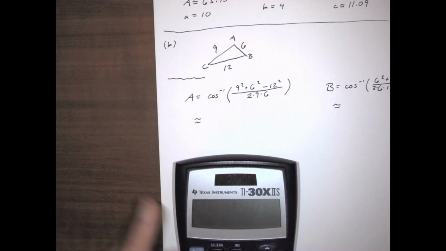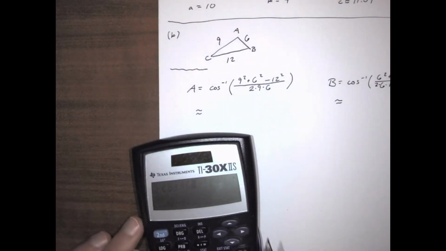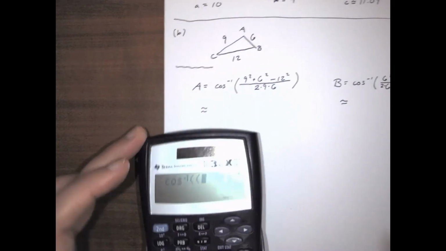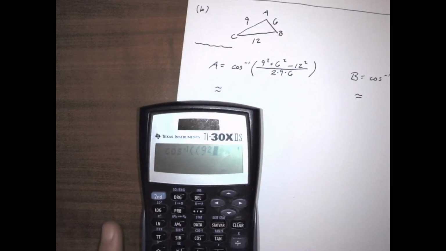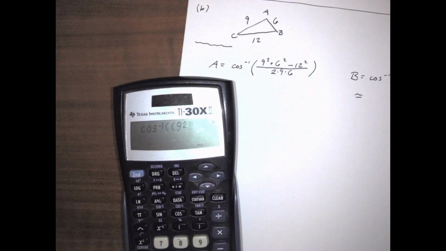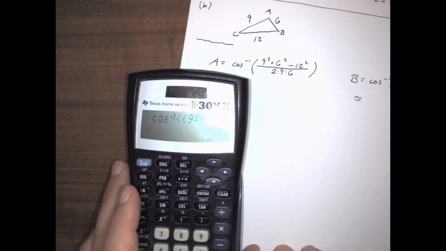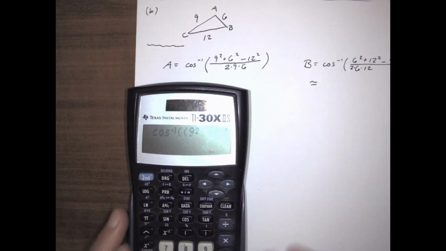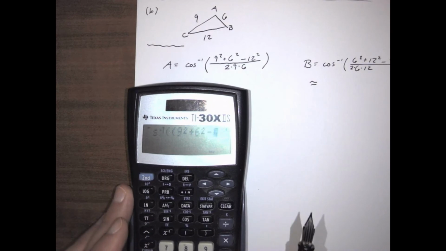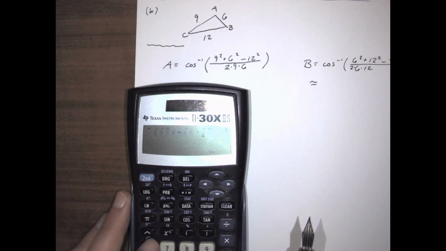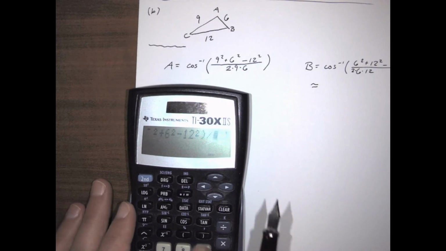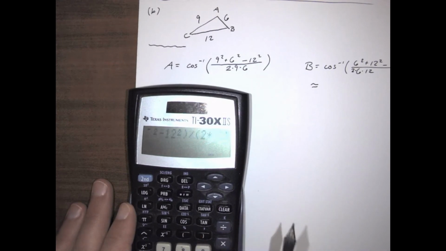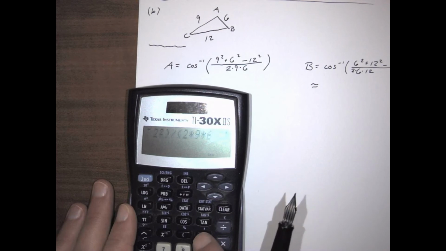Alright, so cosine inverse of. Now, careful about our parentheses. Oops, not that careful. Parentheses for the whole numerator. 9 squared plus 6 squared minus 12 squared, divided by, parentheses, very important, 2 times 9 times 6.